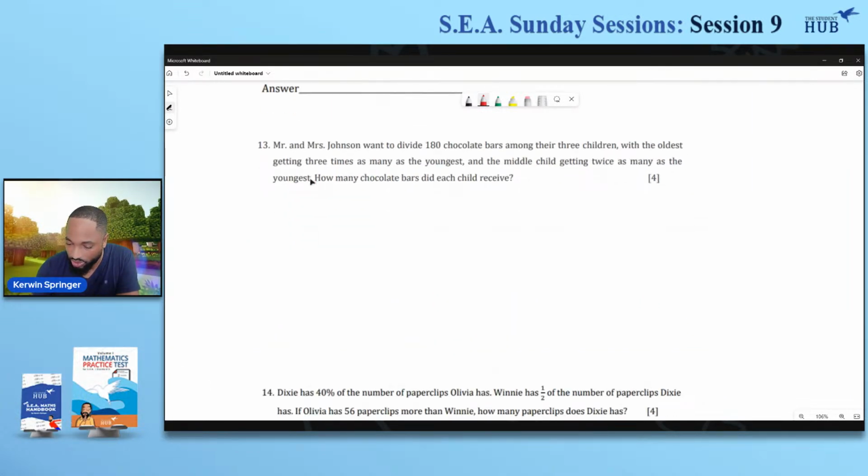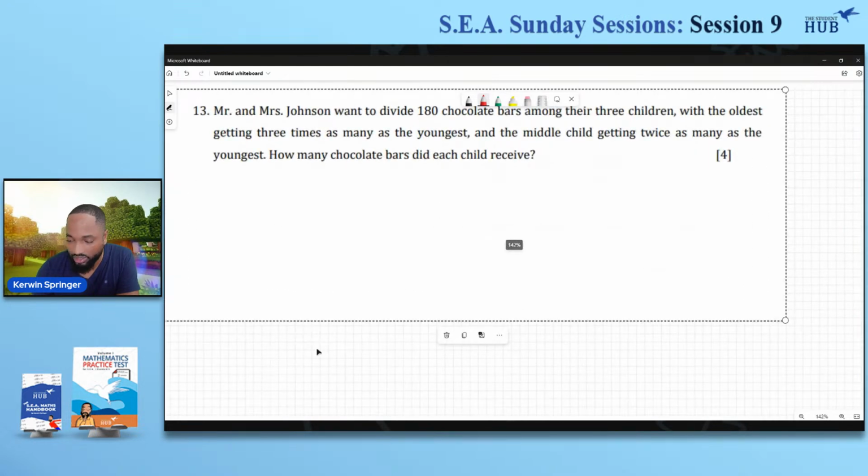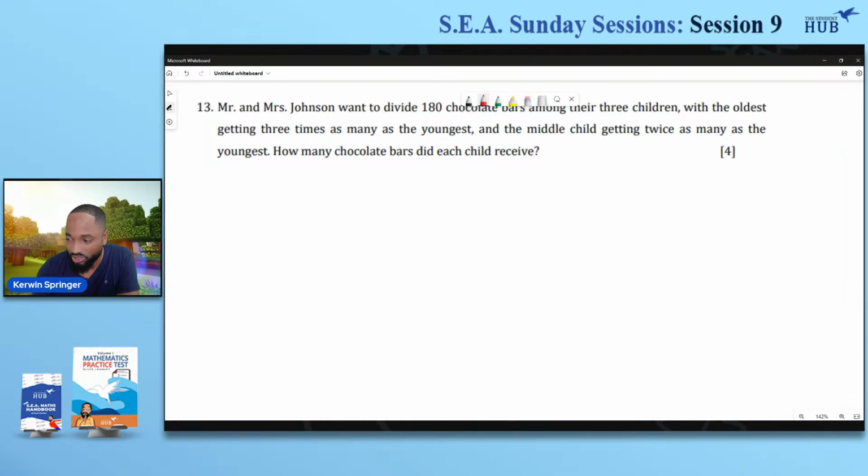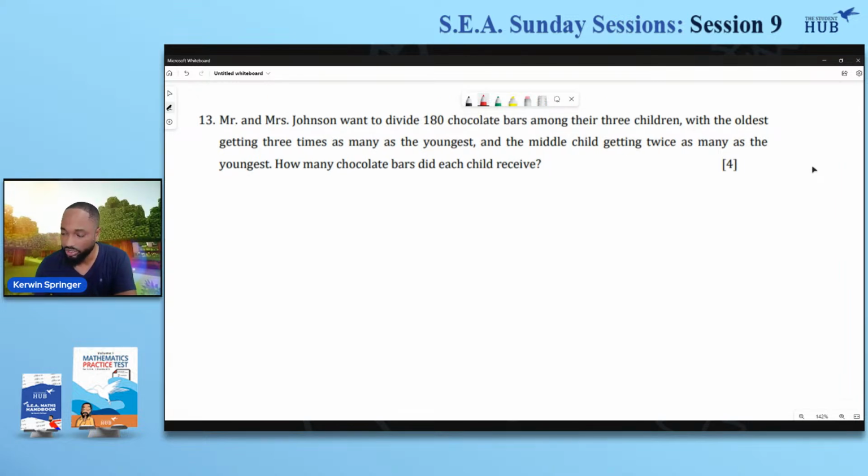Next, Mr. and Mrs. Johnson have 3 children. So it's definitely a bar diagram coming in here. They're doing the same kind of 2 times the amount. There's usually the youngest getting the least amount of candies.